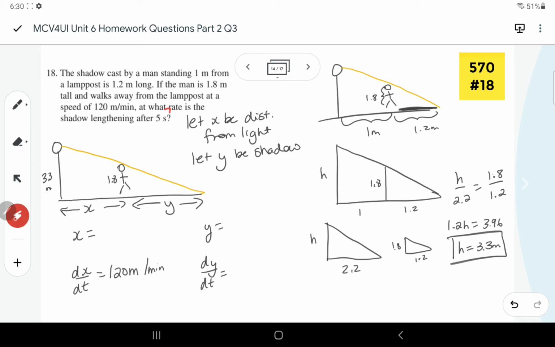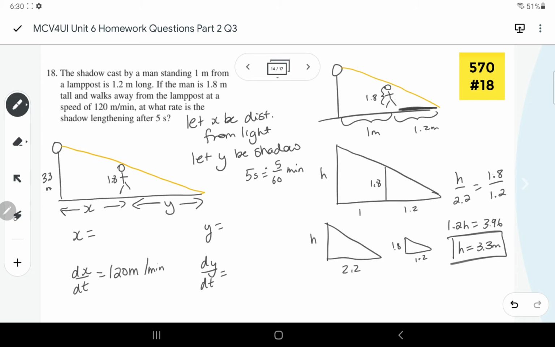Now, first of all, this is kind of tricky because they say 5 seconds, but they tell us he's walking 120 meters per minute. So 5 seconds is, if I do 5 divided by 60, 1/12 of a minute.